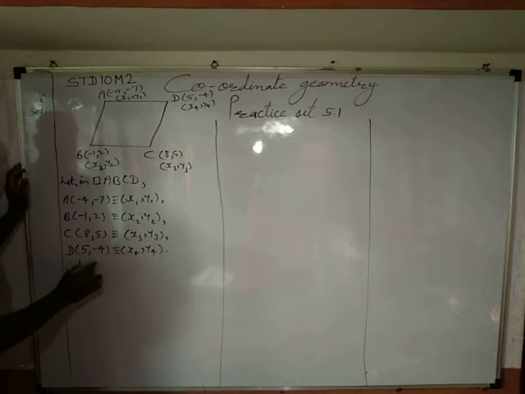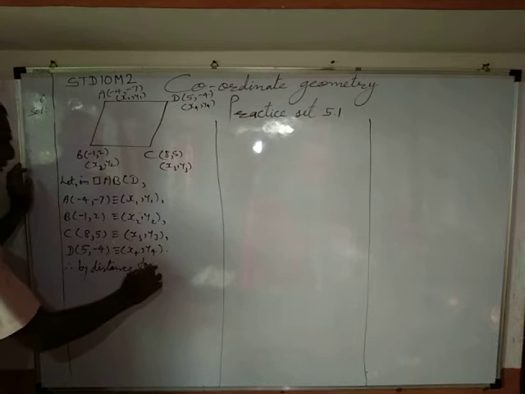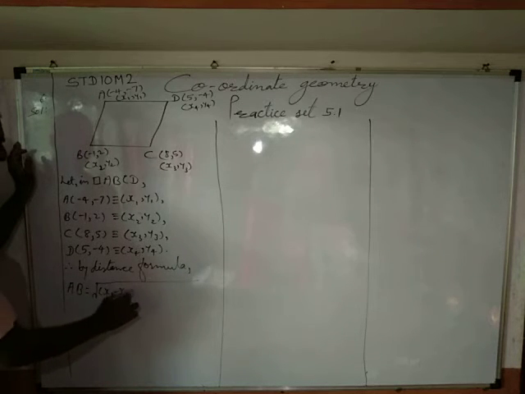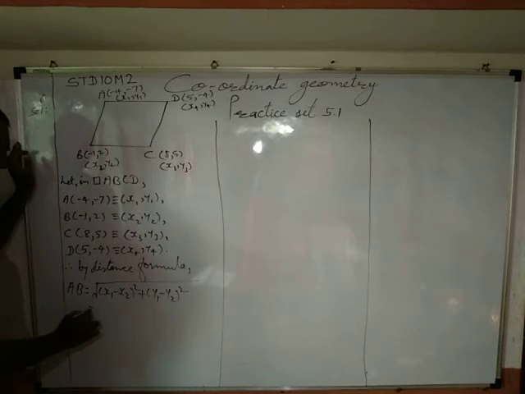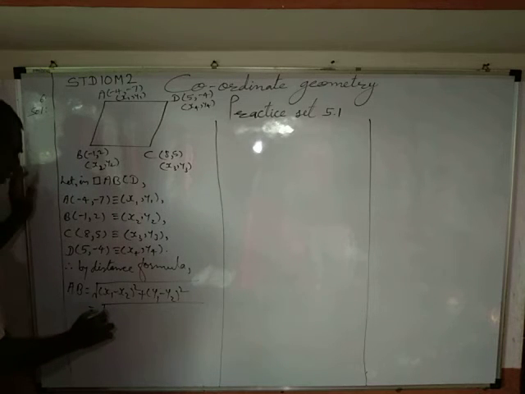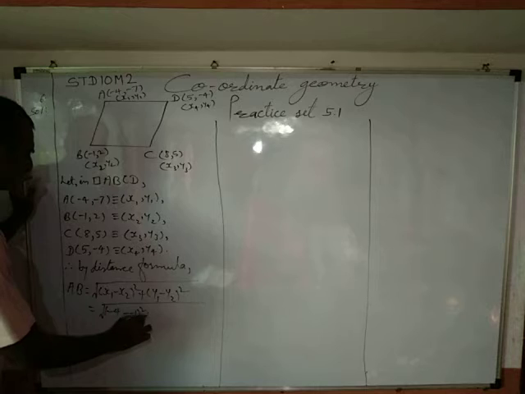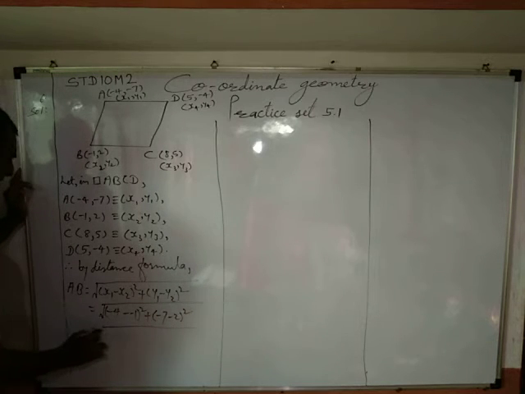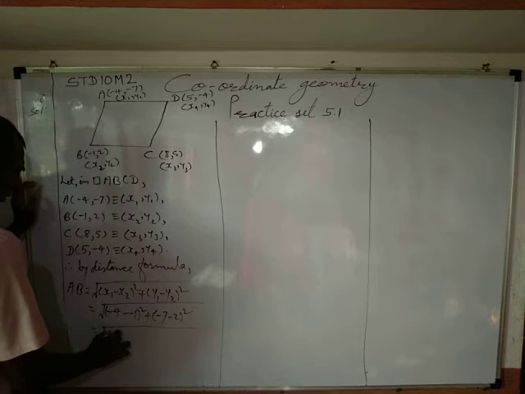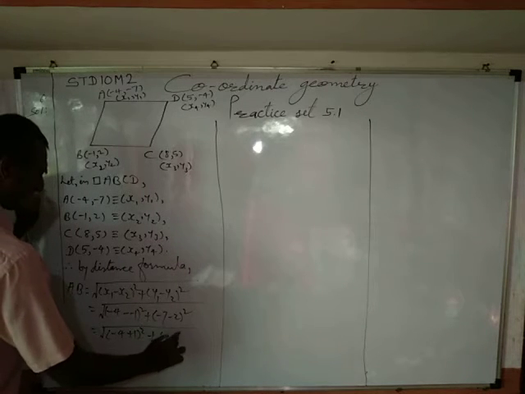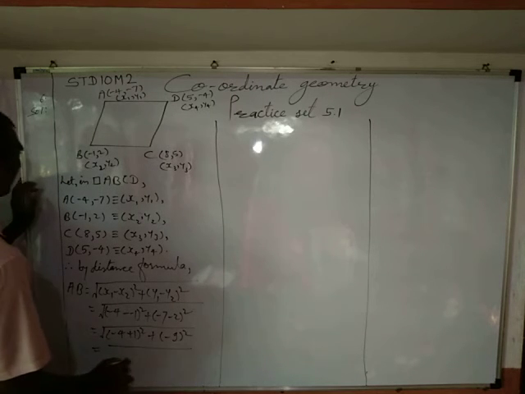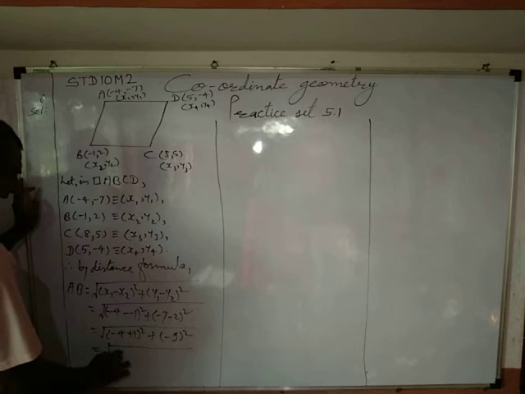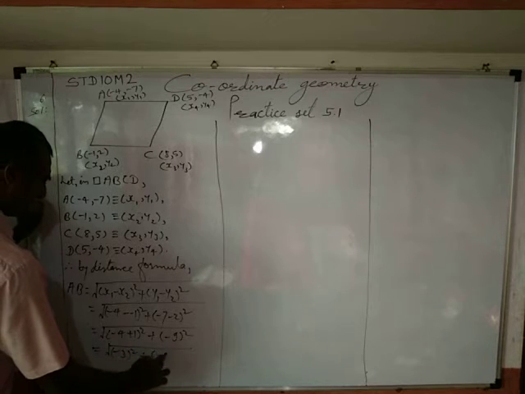Therefore, by distance formula, AB equals under root (x1 minus x2) square plus (y1 minus y2) square, equals under root (minus 4 minus 1) square plus (minus 7 minus 2) square, equals under root (minus 4 plus 1) square plus (minus 9) square, equals under root (minus 3) square plus (minus 9) square.